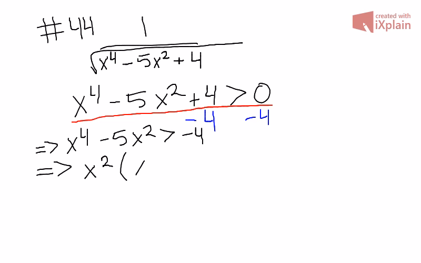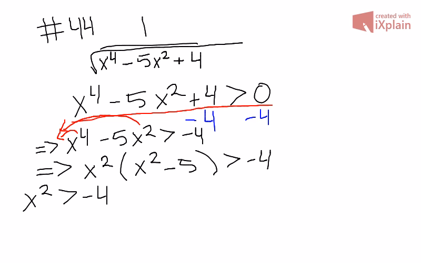So I'm just going through and solving. Here, I just factor out an x squared out of both of these terms, and I'm left with x squared times x squared minus 5 is greater than negative 4. And now we kind of do these separately.